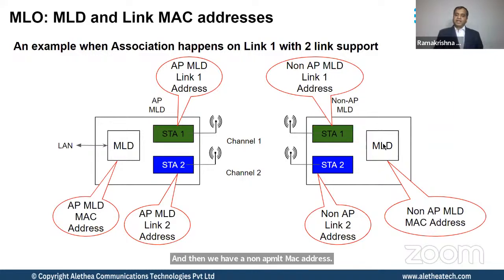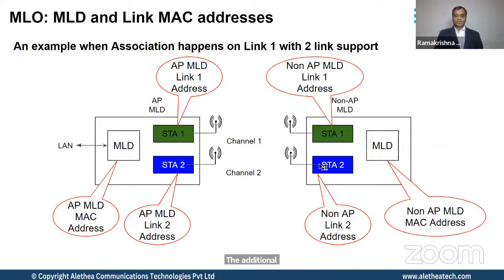What happened here is that traditionally we just had one MAC address for the AP, assuming one channel, and one MAC address for the non-AP or the client. Now we have 6 addresses. Obviously, the number of channels has increased, but with the introduction of MLD, additional complexity and additional MAC addresses have been introduced.